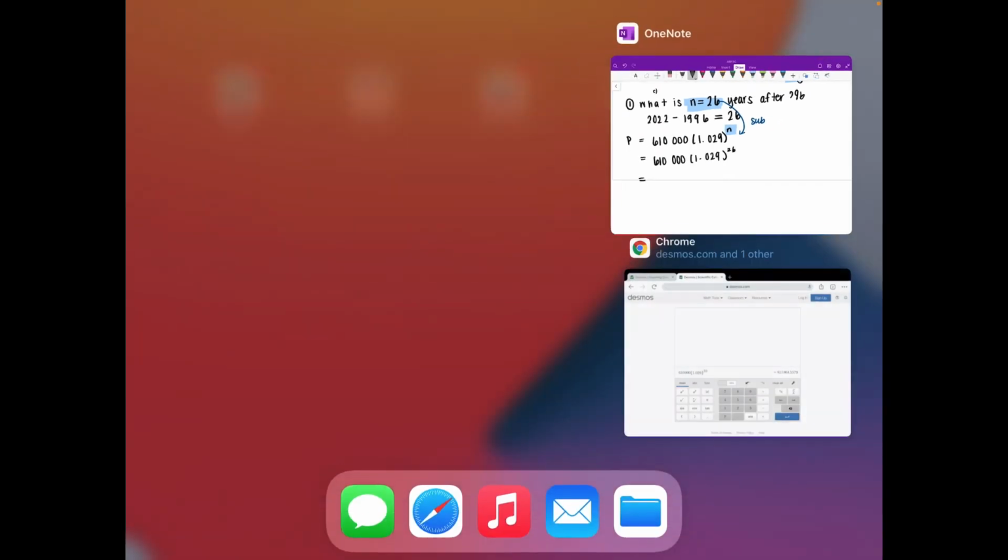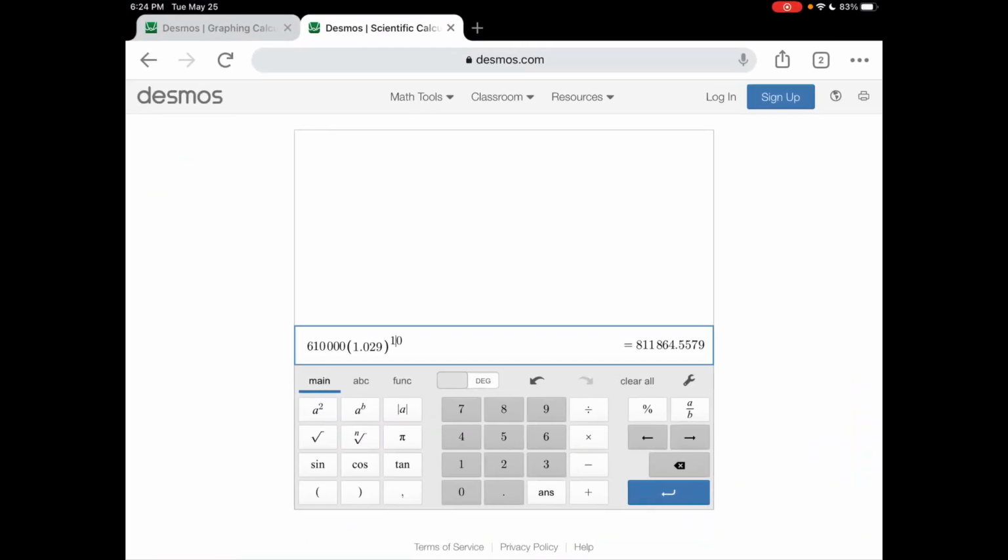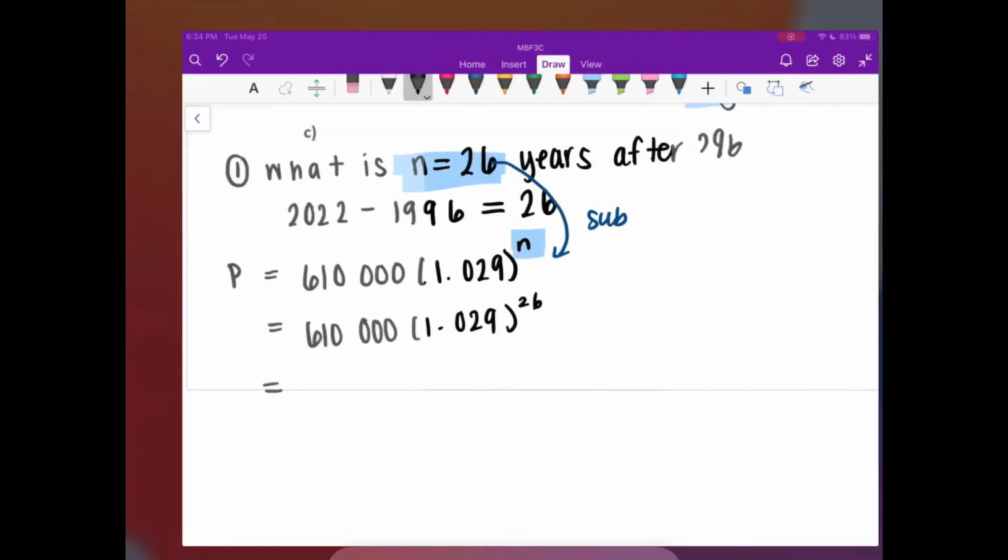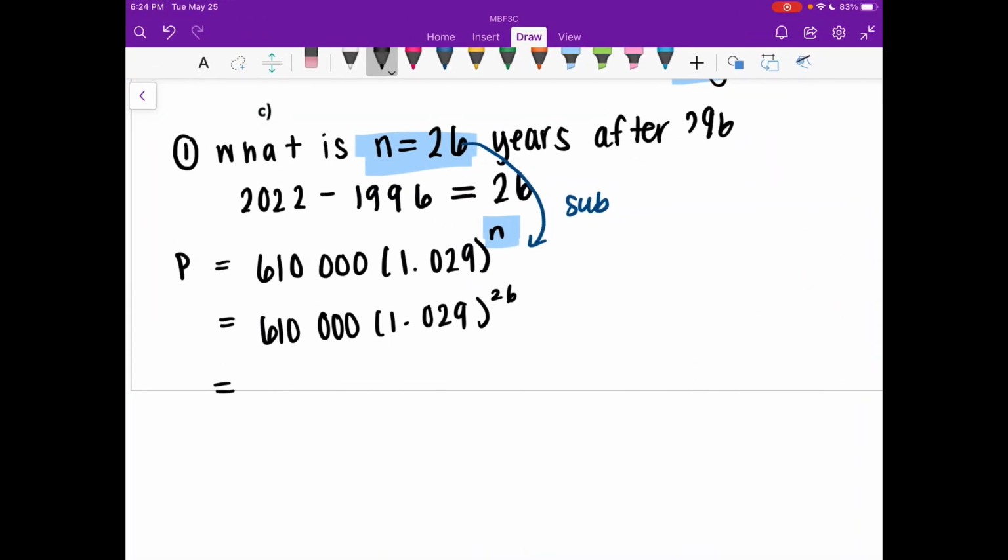So I'm just going to put this in our calculator. I already have it here. And instead of 10, it's going to be 26. And the population is going to be 1,282,713.244 people. You can't have 0.244 of a person, so you just round it to the whole number.